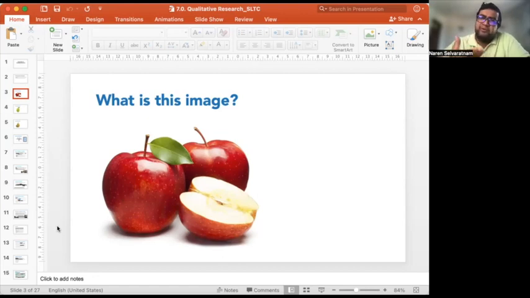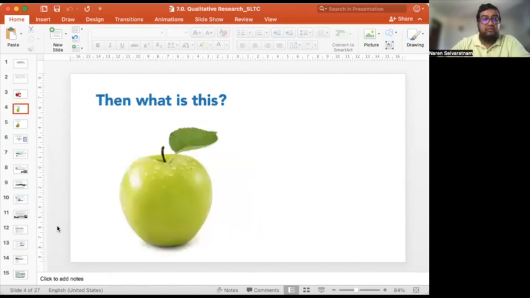But how do you know it's an apple, the fruit? What were the ideas that went through your mind for you to come to this understanding that this is an apple? Because if this is an apple, then what is this? Well, for me, that also looks like an apple. It's just that previously it was a different color.